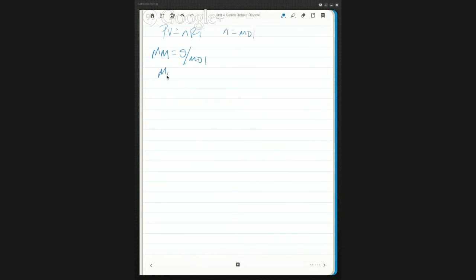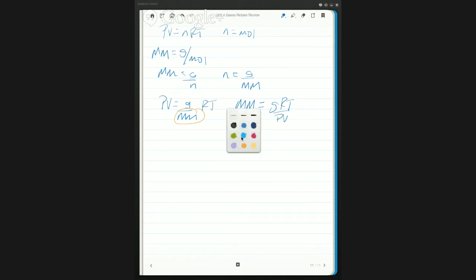So if molar mass is equal to grams over n, that means n is equal to grams over molar mass, which means PV is equal to grams over molar mass times RT. And if you're isolating for molar mass, it is equal to gRT over PV.